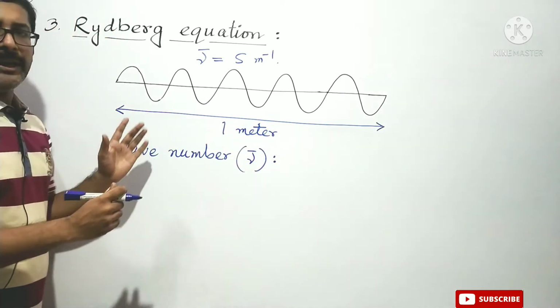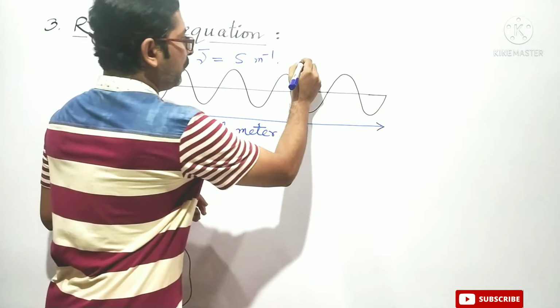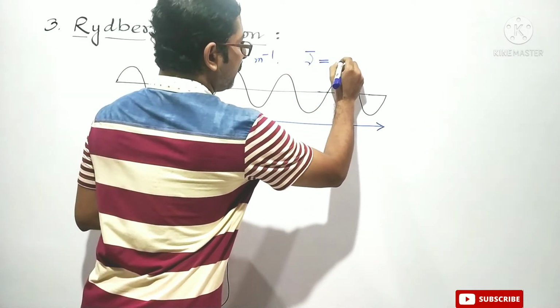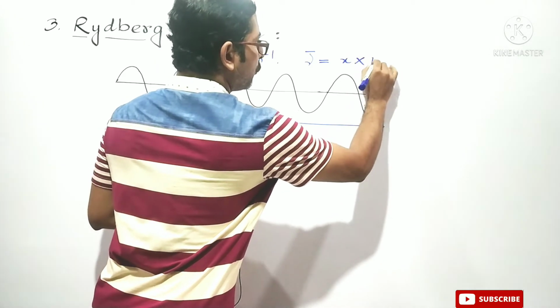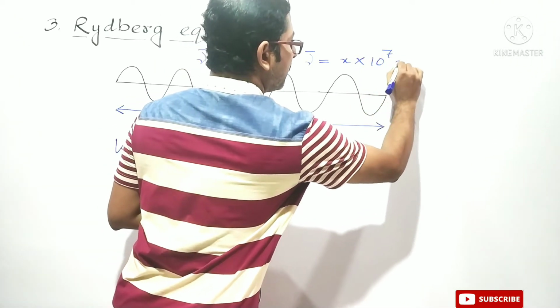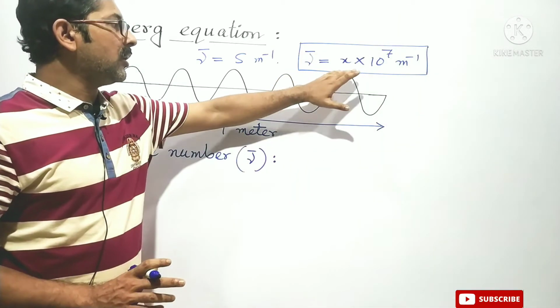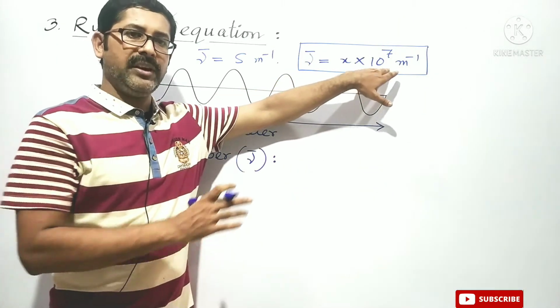But actually in practice, this value of nu bar is much greater than that. It is in the order of x into 10 to the power 7 per meter. In reality, the value of nu bar is around the order of 10 to the power 7.